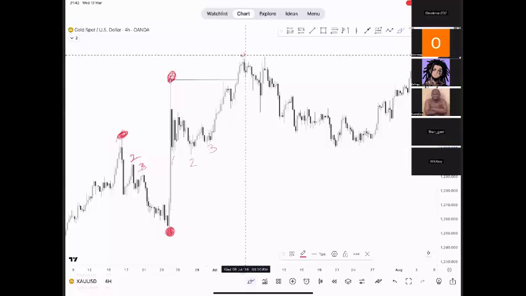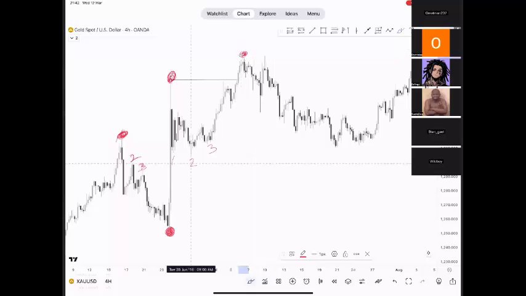Which of these lows is now my valid higher low? You will take the lowest point before the new higher high. That is your valid higher low. So this is not your higher low, neither is this your higher low. Number 2 is your higher low, right? The lowest point before the new high.